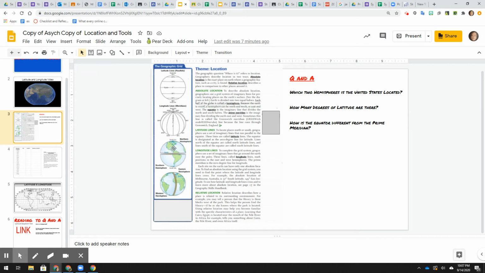So if we were to look at the United States, and while it is in 2 hemispheres, that question you can see is, which 2 hemispheres is the United States located? It is not the north and south. It's going to be the north or south and the east or the west. So please, when you're going through that, look at that map carefully to answer that question. So you're going to want to come over here and answer these 3 questions.